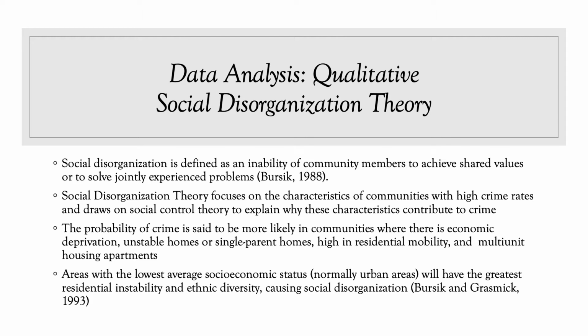The probability of crime is said to be more likely in communities where there is economic deprivation, unstable homes, or single parent homes, high residential mobility, and multi-unit housing apartments. Areas with the lowest average socioeconomic status, which is normally urban areas, will have the greatest residential instability and ethnic diversity, which can cause social disorganization.